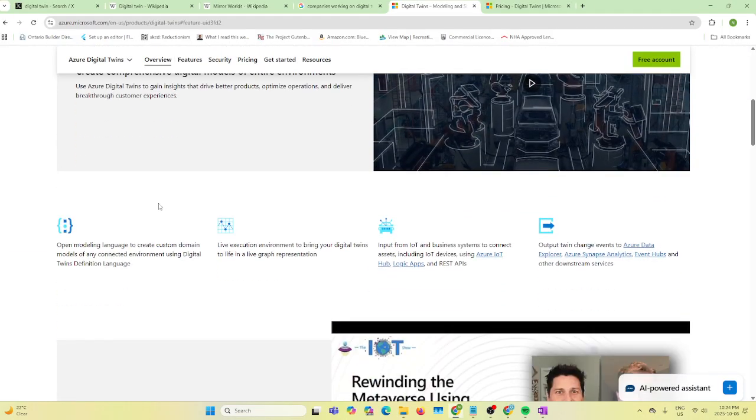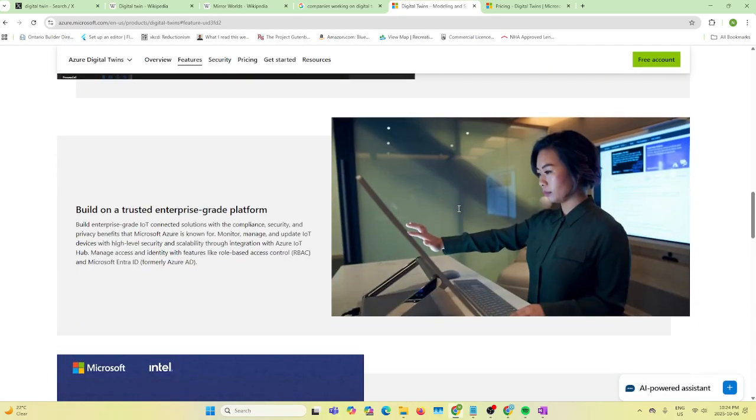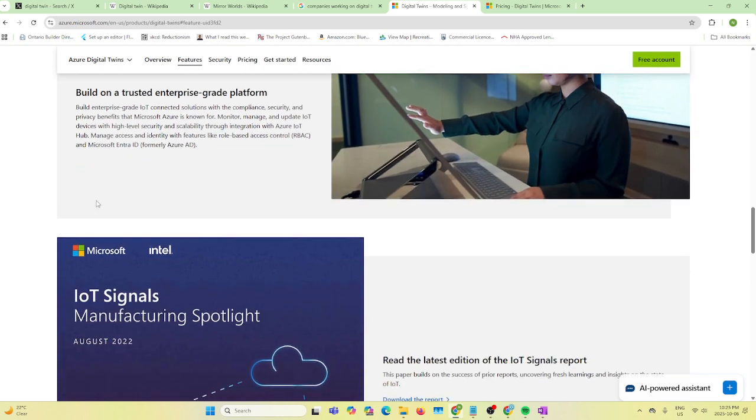Overview. Okay, so just going over the same things. Okay, alright, we'll watch that video later. Build it on a trusted enterprise-grade platform. Alright. Monitor, manage and update IoT devices with high-level security and scalability, integration with Azure IoT Hub. Manage access and identity with features like role-based access control.